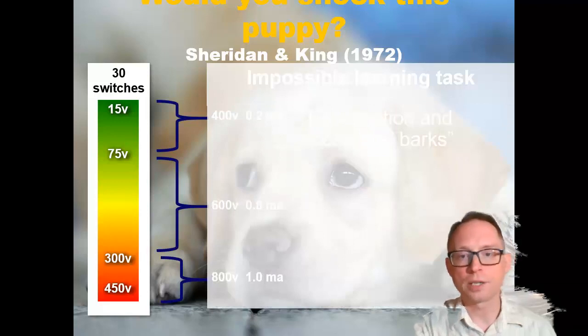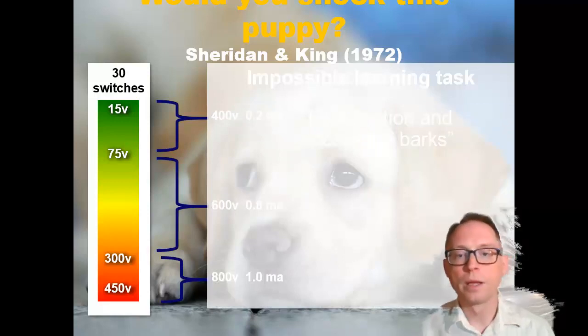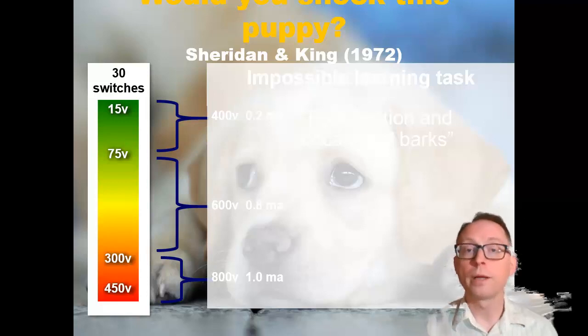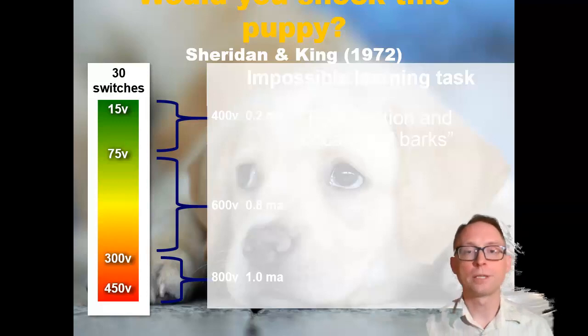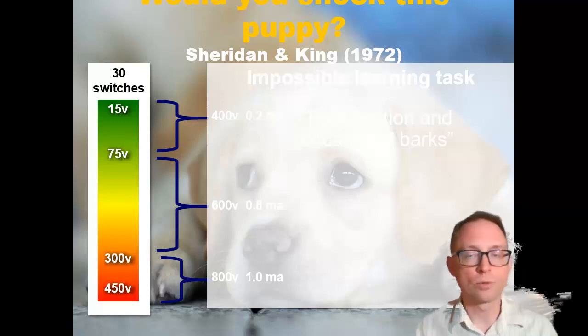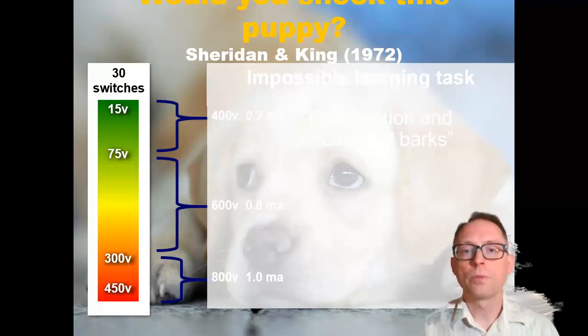Now I know you can't read these very well, but as you get down there, the dog was actually yelping and whimpering and jumping and trying to get away, right? So it's clear that the dog is being shocked. You can't get around that. Okay? So remember, the task is impossible. The dog cannot complete the task. So the dog must be punished according to the rules of the study.